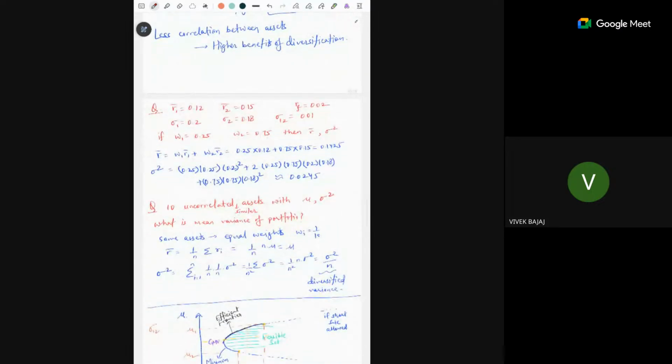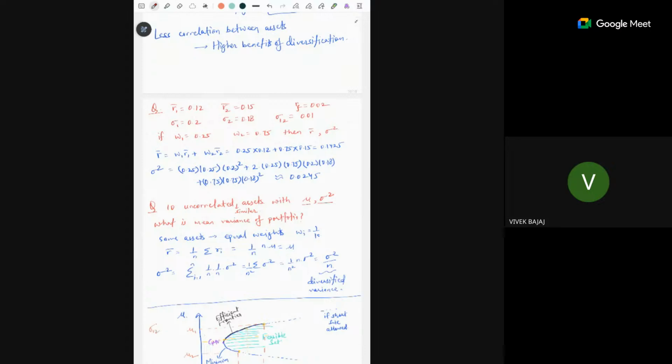For example, there are 10 uncorrelated similar assets with expected return mu and sigma square as the variance. You make a portfolio of these 10 assets; what is the variance of this portfolio?